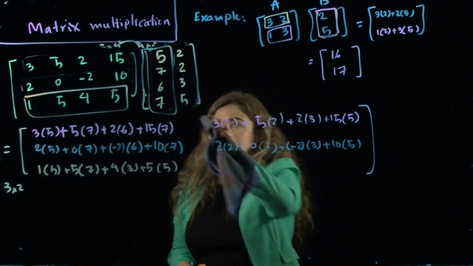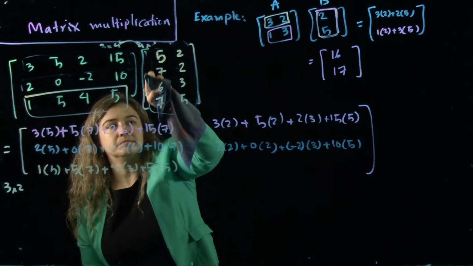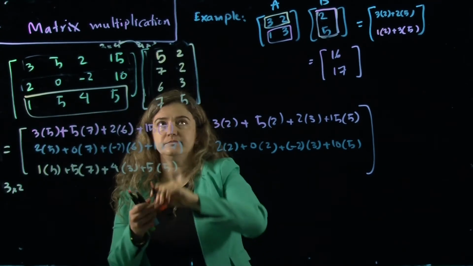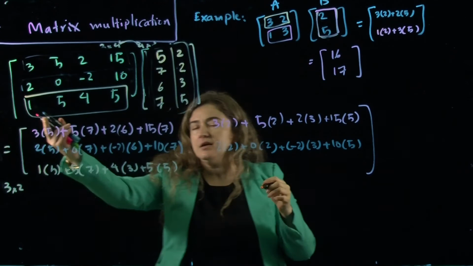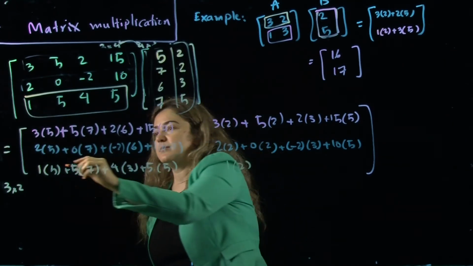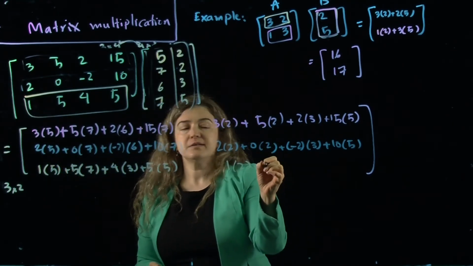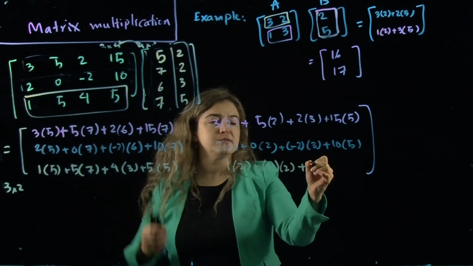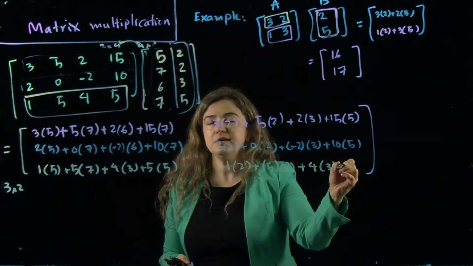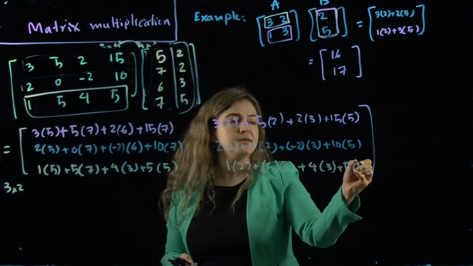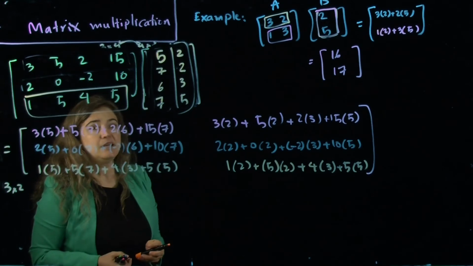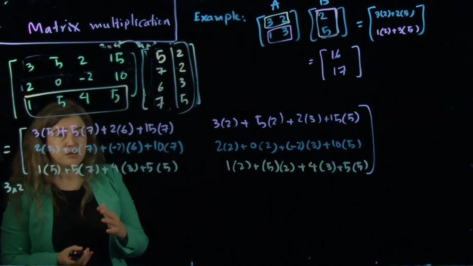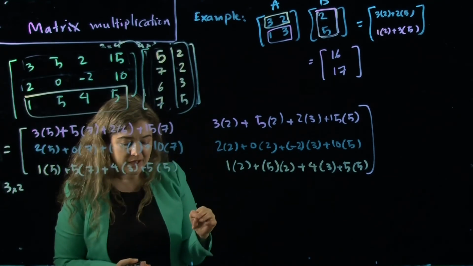Now the second column, we're staying in the same row again. 1 times 2 plus 5 times 2 plus 4 times 3 plus 5 times 5. And that is the entire process of how we multiply.